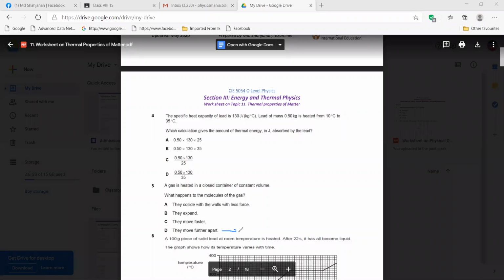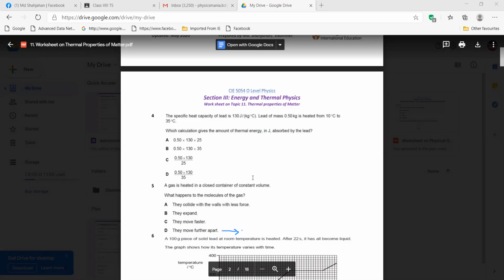If it is moving further apart, then what happens? Molecular spacing. I'm writing it again because this way it takes time.